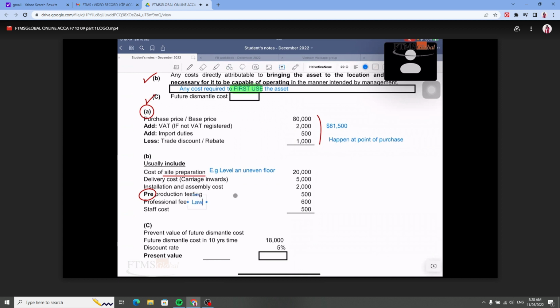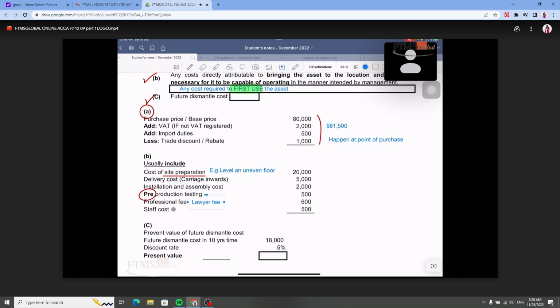So example, if you buy a building, you will need to engage a lawyer, right? So ask yourself this question: when do I look for the lawyer? Before I buy or after I buy? Okay, so obviously you look for the lawyer before you buy, right? So therefore lawyer fee fall under here.